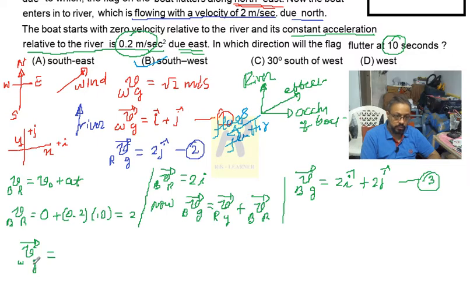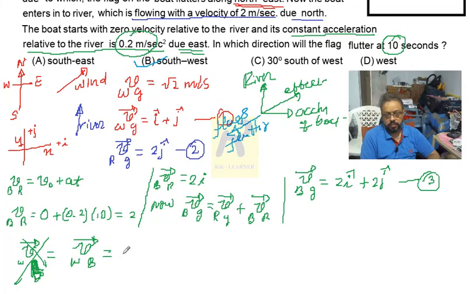Sorry, velocity of the wind with respect to boat or river. So this is what I have to find. I rewrite it: velocity of the wind with respect to boat. This is what I need finally to get the direction of the fluttering flag.